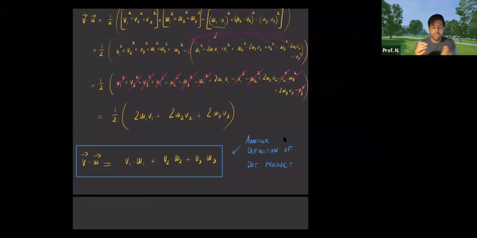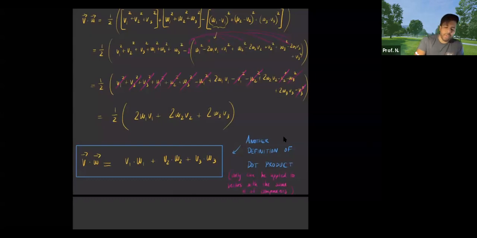So the dot product can only be applied to vectors with the same number of components. Okay.